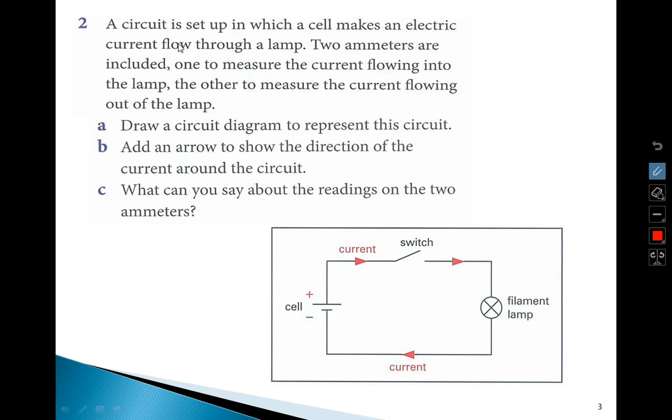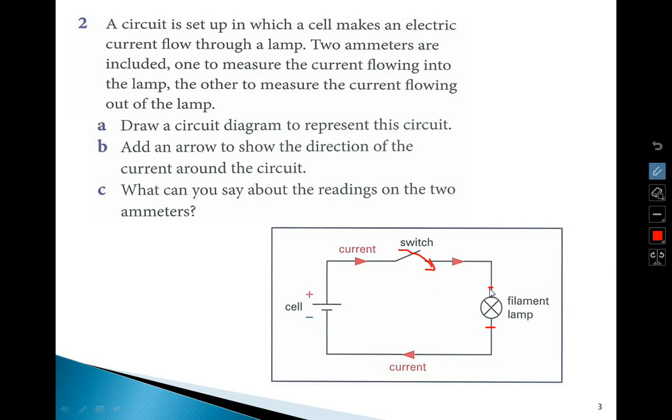So we have two ammeters inside this circuit. One ammeter measures the current flowing into the lamp. For example, this is the lamp and this is the cell. Current starts moving when the switch is on, from positive to minus. So we use one ammeter to measure the current moving through the lamp.